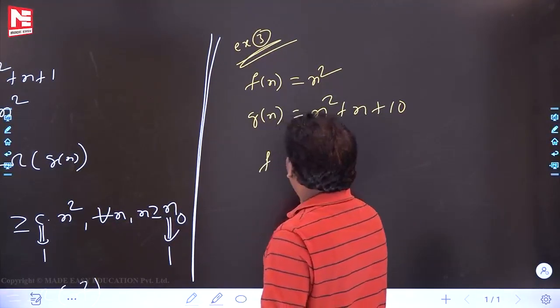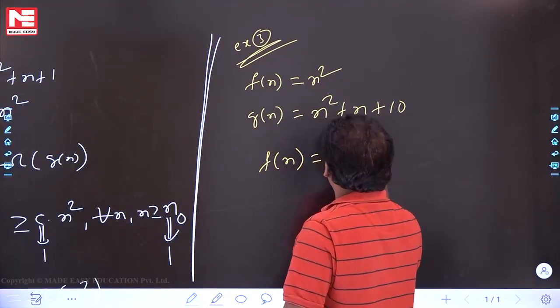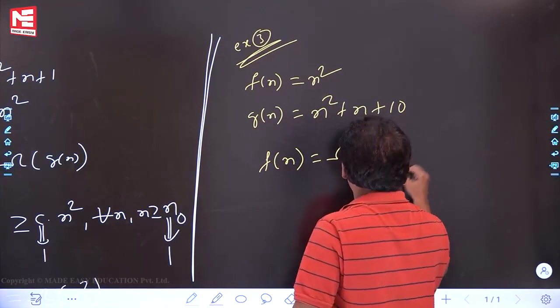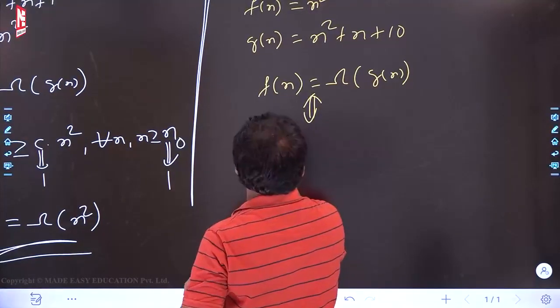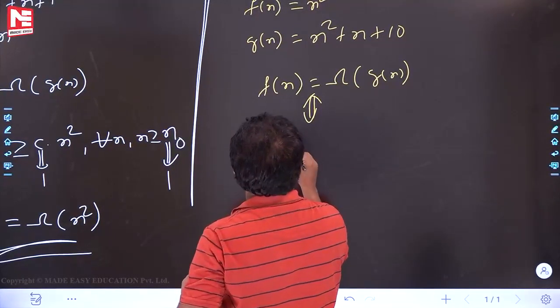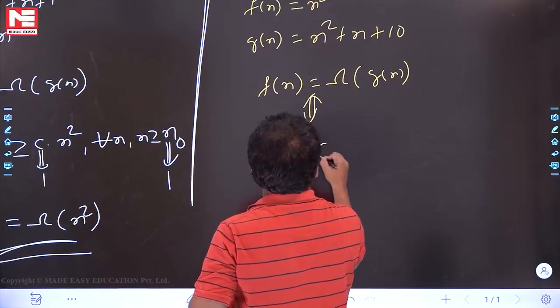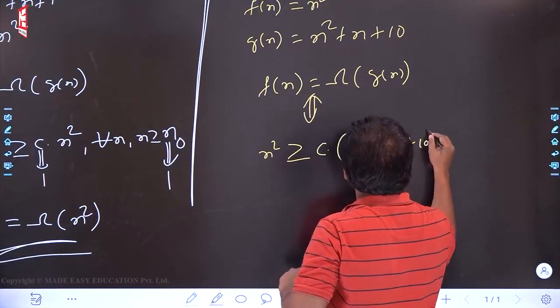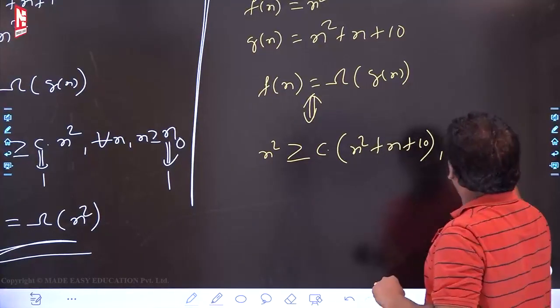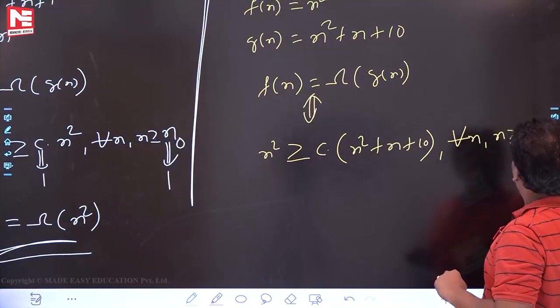Now I want to prove f of n is omega of g of n. If you want to prove it, what is the condition you have to satisfy? This is the condition. What is the f of n? N square greater than or equal to some c into, what is the g of n? N square plus n plus 10, for all n where n greater than or equal to n0.